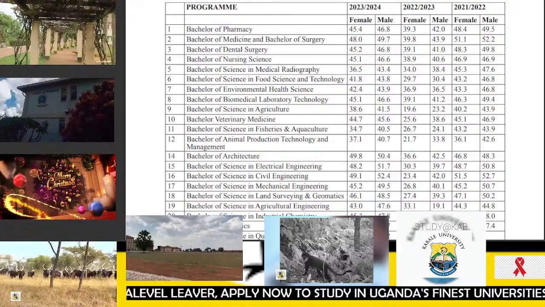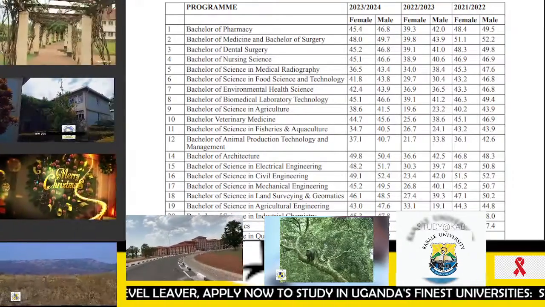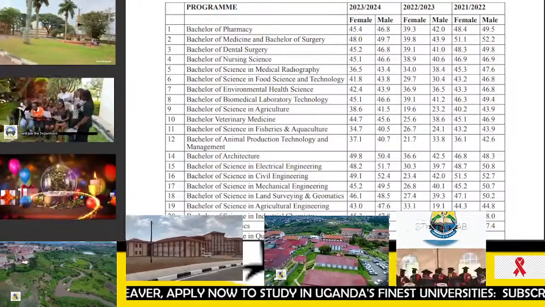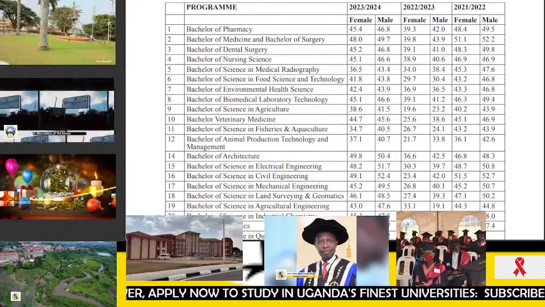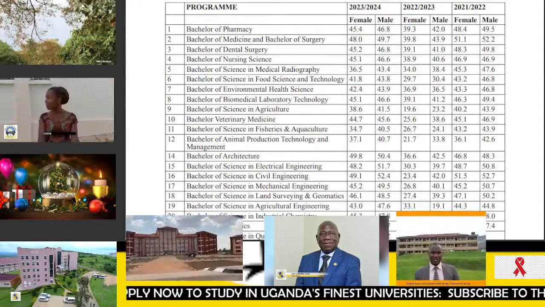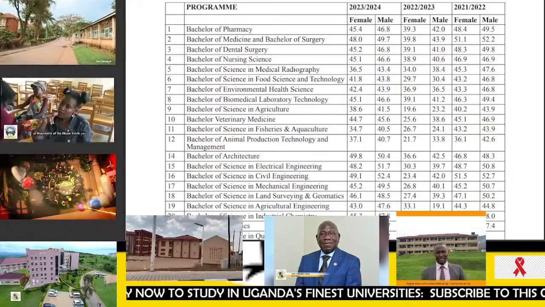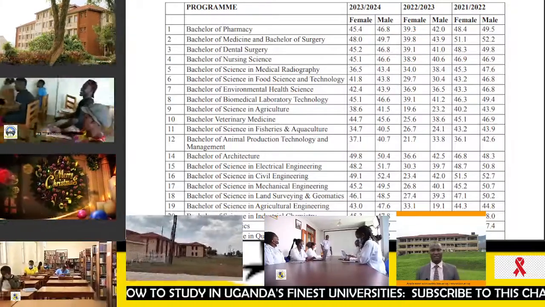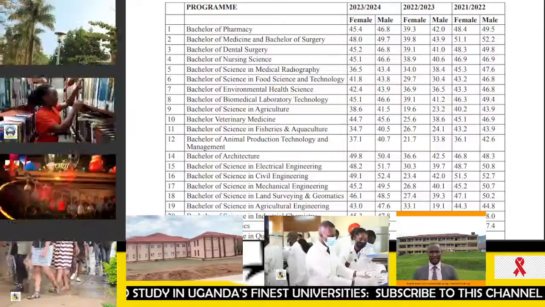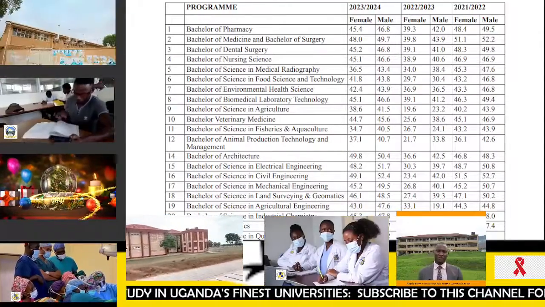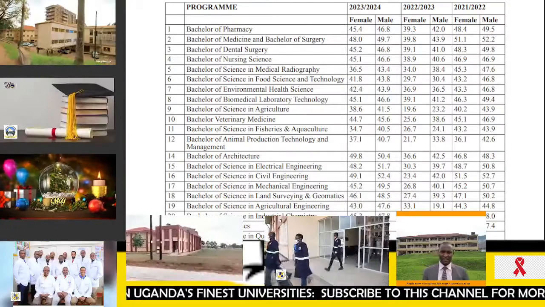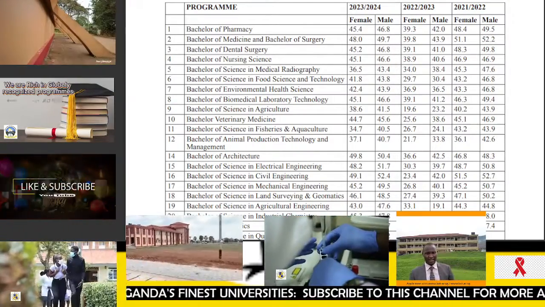For boys, you need about 18 points and above, and girls similarly, you need about 18 points and above to go for Bachelor of Medicine and Bachelor of Surgery at Makerere. And then other courses down there, Civil Engineering, you need about 18 points and above. It has a cutoff point of 49.1.